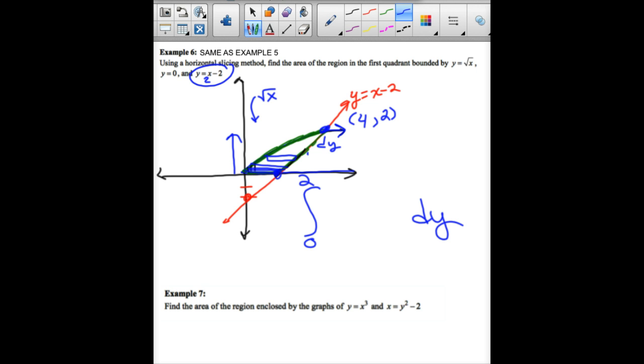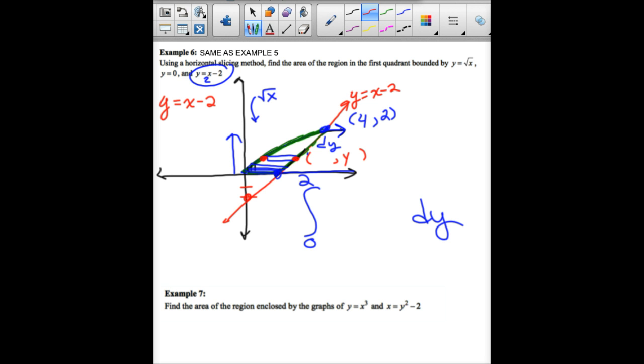So you have to go back to your little representative rectangle, and it's kind of small right here, but you kind of got to picture these points. You got to picture their x values, but your independent variable is y. So you need to go back up to your functions and get them as x equals. It's not that it's difficult, it's just weird.